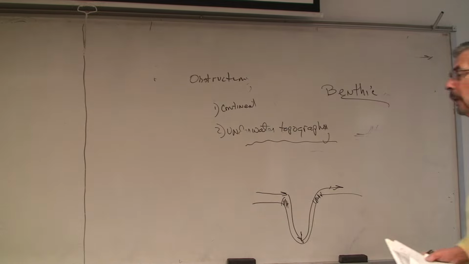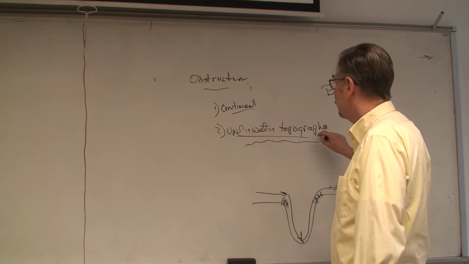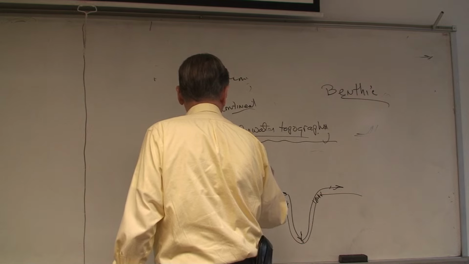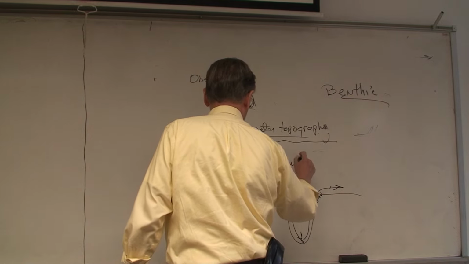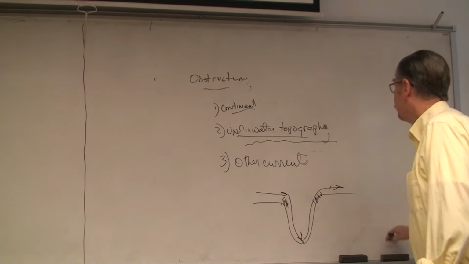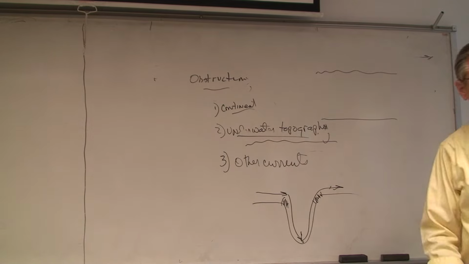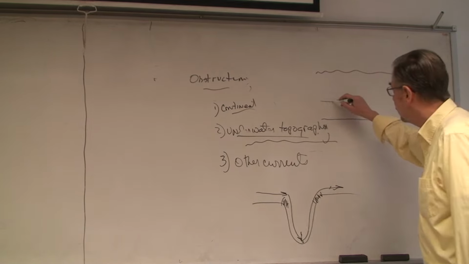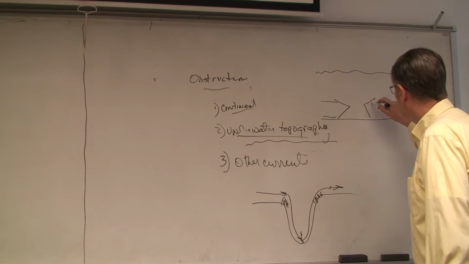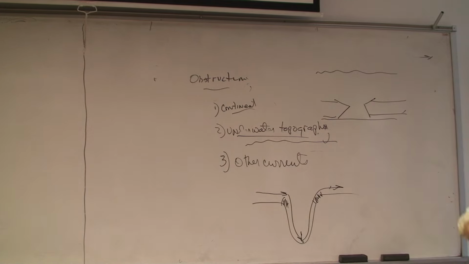All right, so what affects the direction of currents? Obstructions such as continents, underwater topography, and other currents. Let's suppose here is the surface, here is the bottom, and we have one current moving in this direction, another current moving in this direction, they're going to collide.